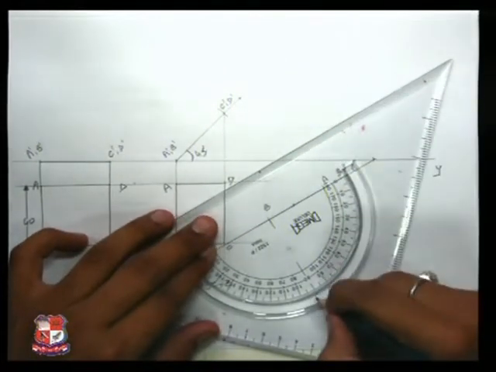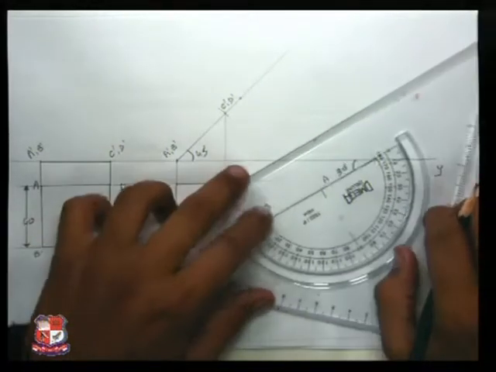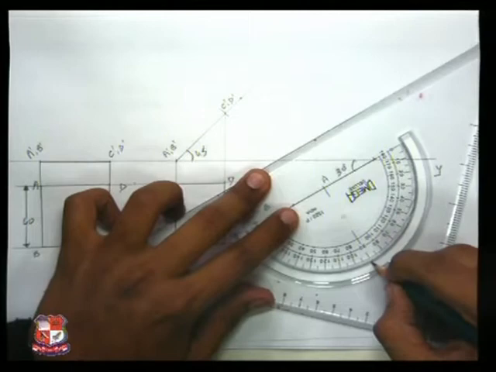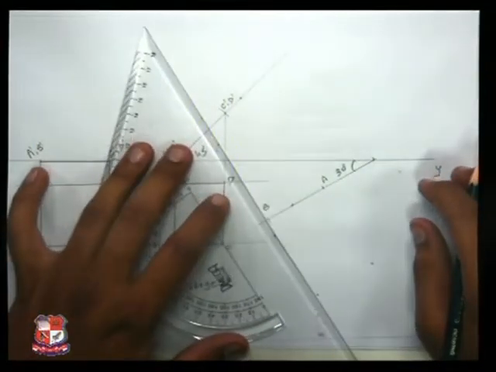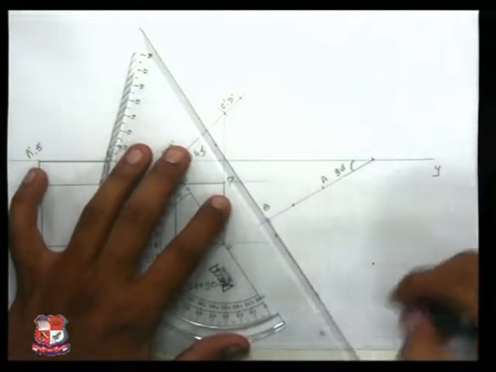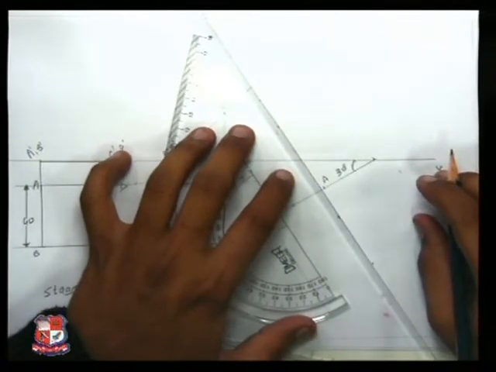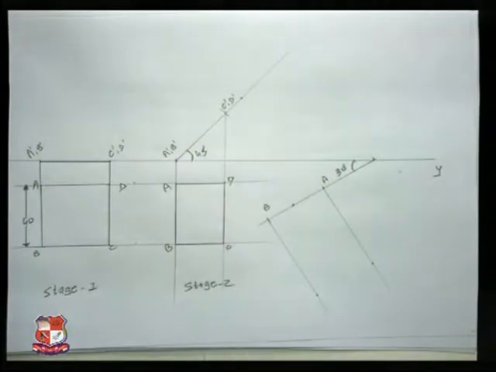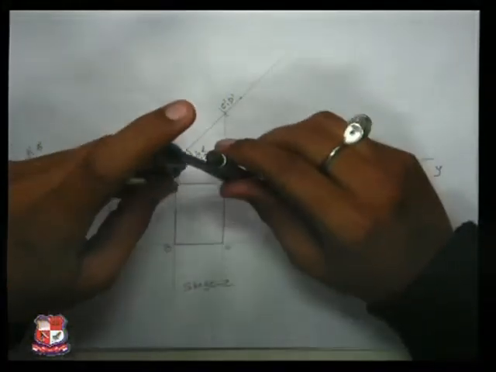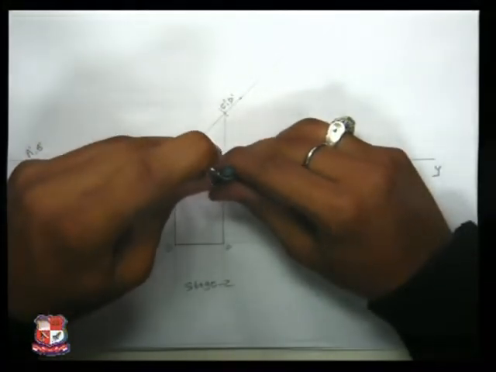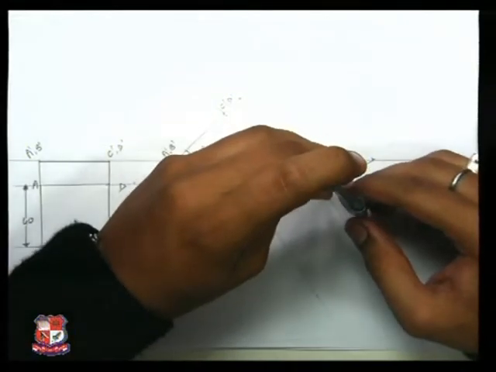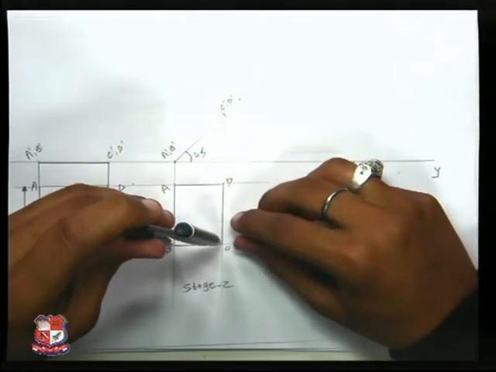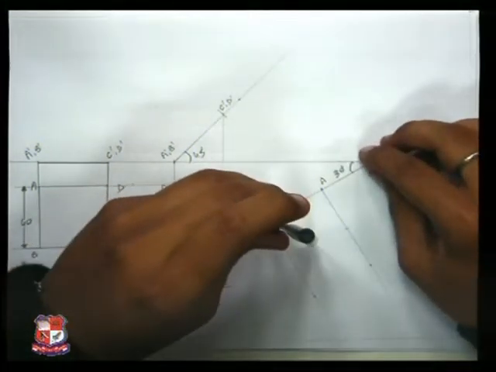Draw perpendicular reference line, take AD as radius, take BC as radius.